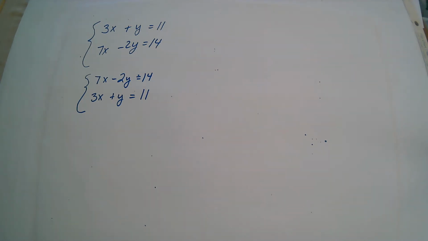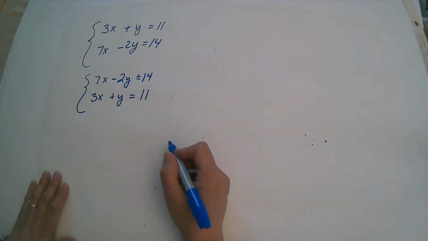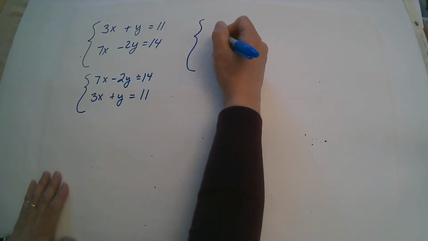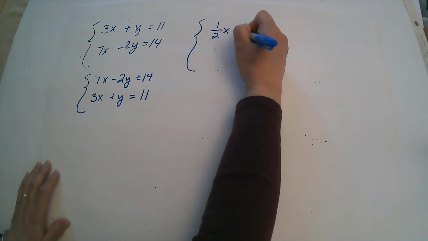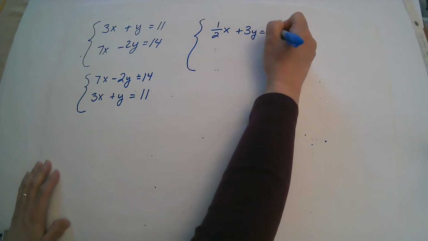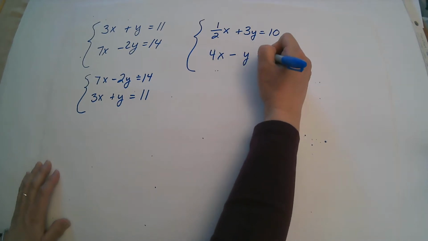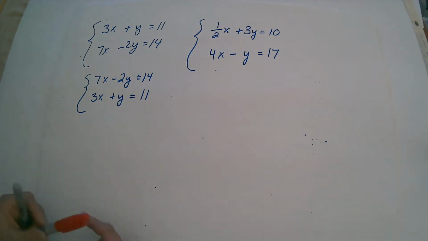The next is that we can multiply by a non-zero constant. So again, if we think in terms of systems that we have solved before, if you were going to solve 1/2 x plus 3y equals 10 and 4x minus y equals 17, for example, maybe you didn't want to work with fractions.